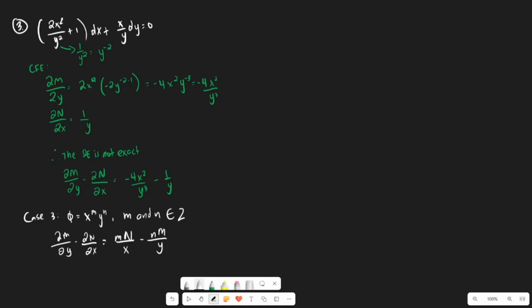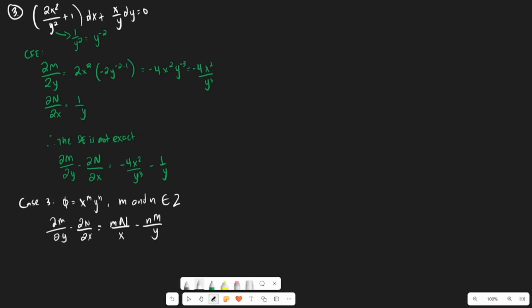Okay, so now we know the value of this part, so let's just substitute what we had. The partial of M with respect to y, this part right here, is actually this part, so let's substitute that.